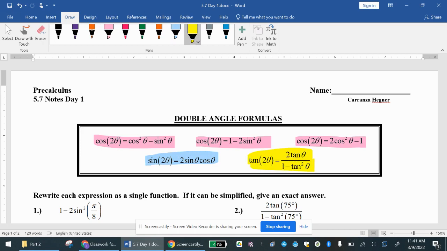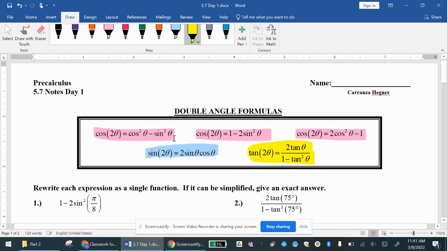I'll help you strategize and figure out which one is best to use for cosine, since there are 3 possibilities. But cosine has 3, sine has 1, and tangent has 1.